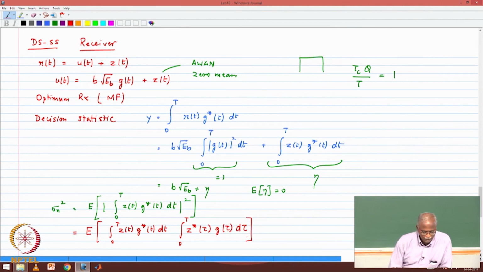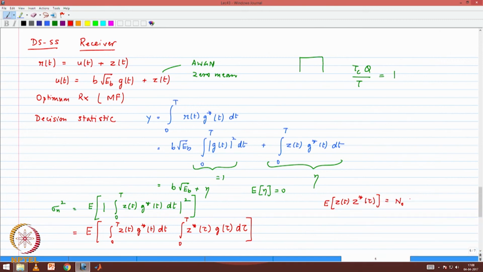Now group the terms and take the expectation inside. Since z(t) is white noise, the expected value of z(t) z*(tau) is the correlation. If it is not aligned, it will give 0, so it's a delta function, N0 delta(t minus tau).